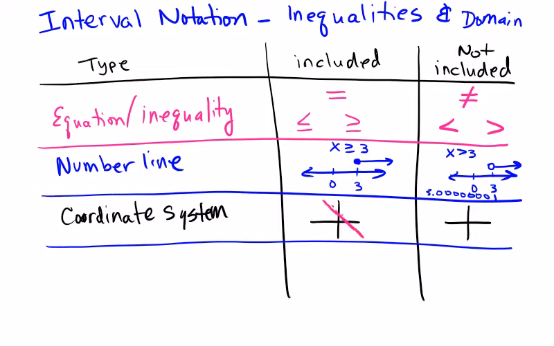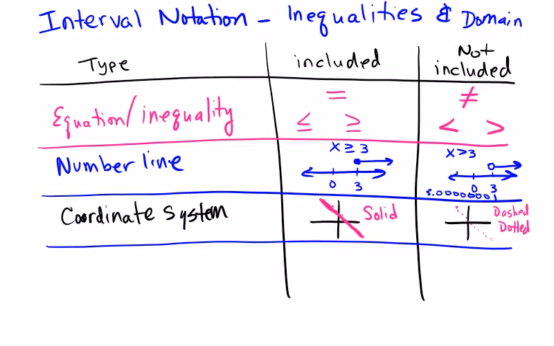So this is solid. When it is not including the answer, you're going to end up with a dashed or dotted line. So a dashed or dotted line works for the coordinate system.